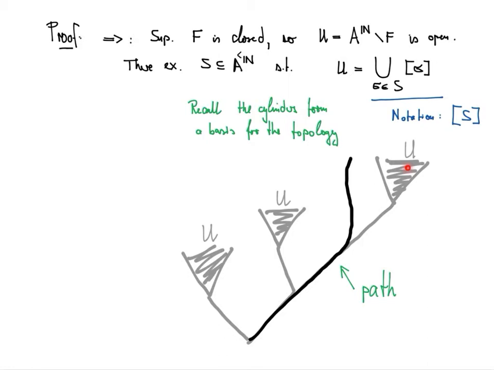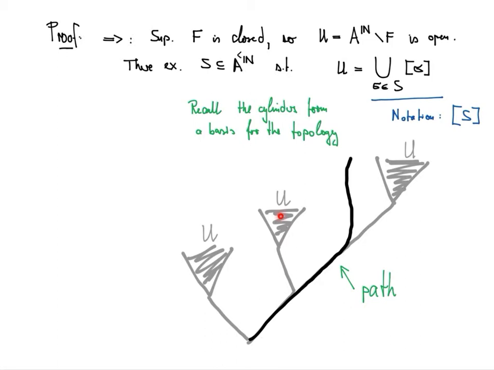So the basic observation now is the following. F is the complement of U. So the sequences in F are the ones that are not contained in any of those cylinders. Which means that somehow we can find their way through a tree without running into one of those cylinder sets.